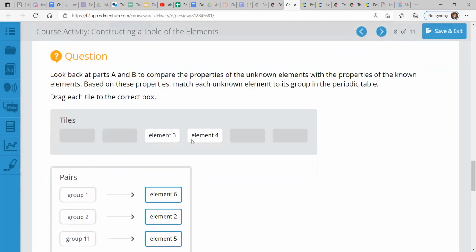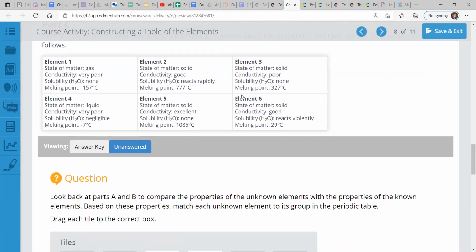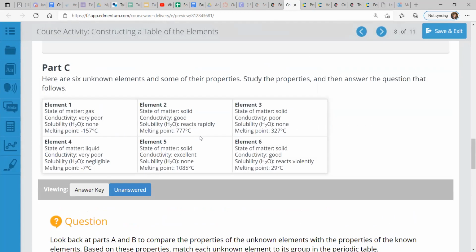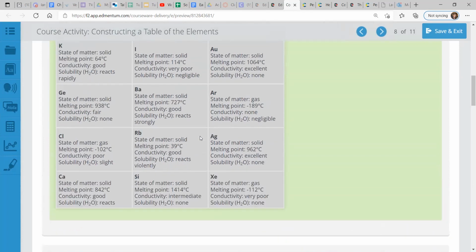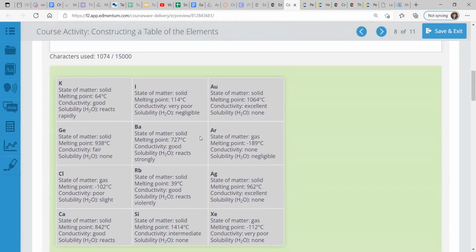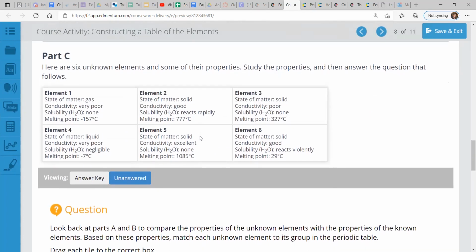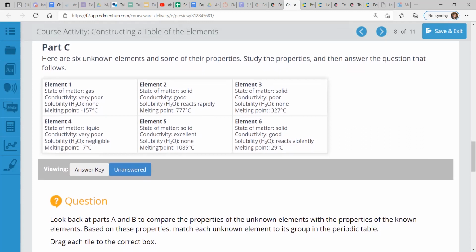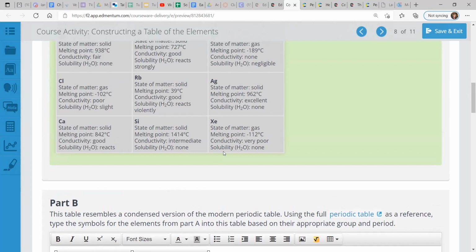We got 14 and 17 for elements 3 and 4. We'll go back here and look. All right, so which ones? Poor conductors. Melting points can be another one we can look for.